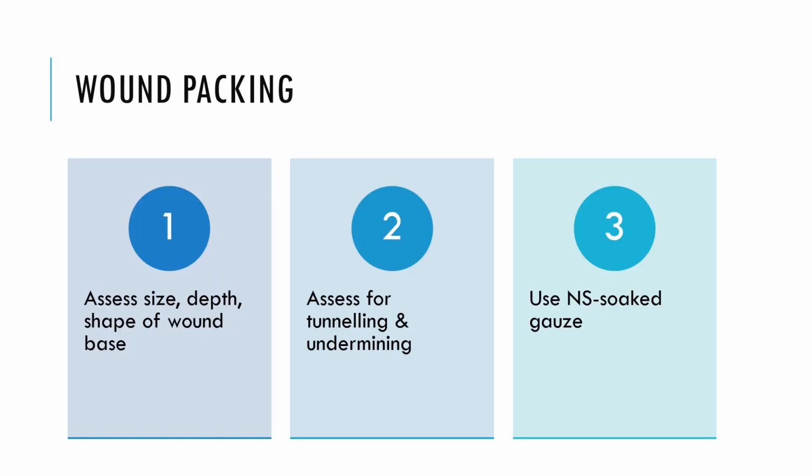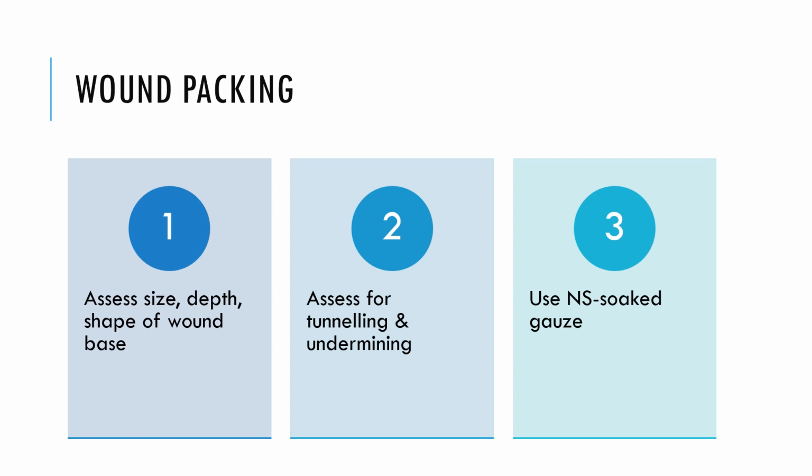Now, if your wound needs to be packed, what do you need to do? First and foremost, you need to assess and measure the size, depth, and shape of the wound and record your findings. You can use a measuring tape for this.